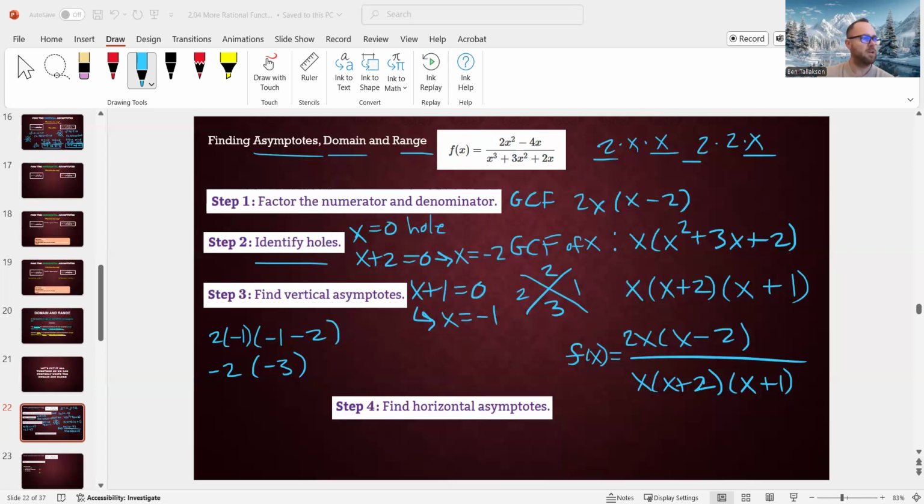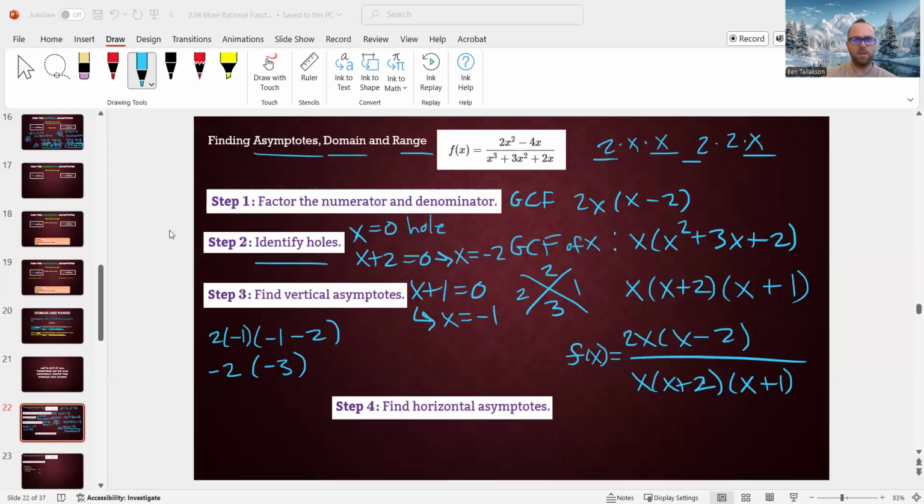X value of negative 2 is not a hole. That's correct. And then x value of negative 1, that's a little harder to find. So that is also not a hole. Okay, so we did that correctly. Just wanted to be sure.